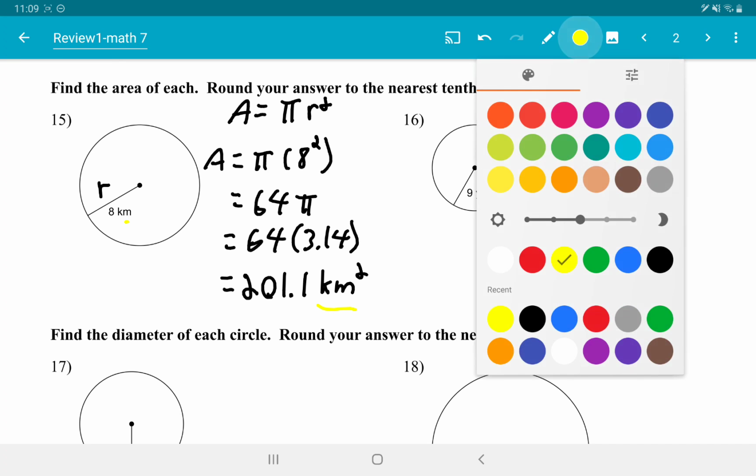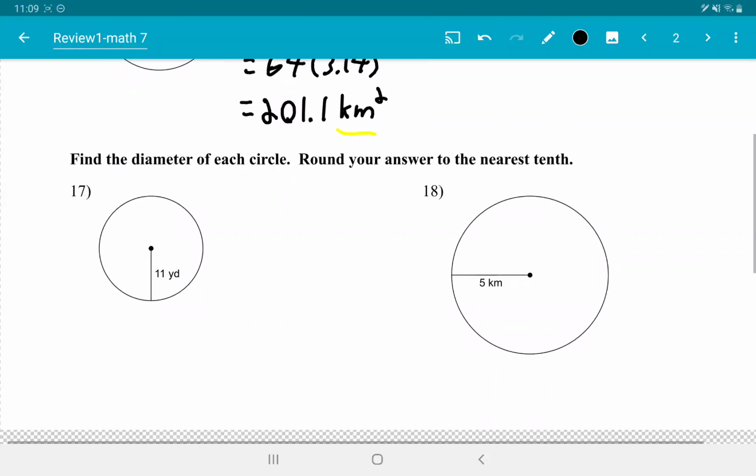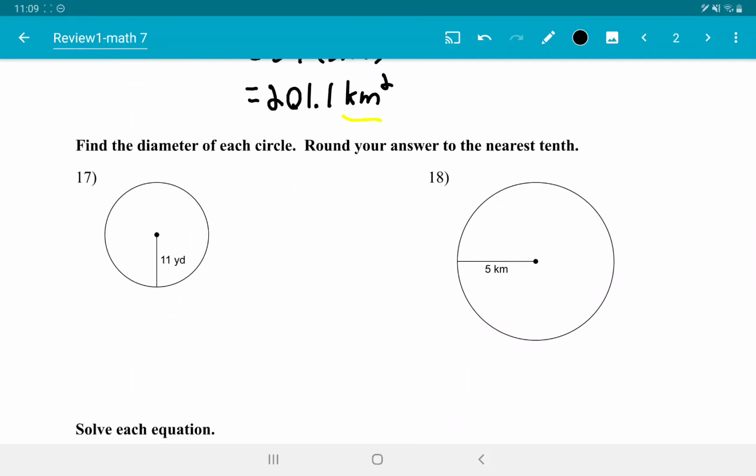Okay. So now on to 17. I want to find the diameter of each circle. So this one, my diameter, so we'll say D, is equal to 2 times my radius. So basically, whatever my radius is, I'm just going to multiply it by 2.